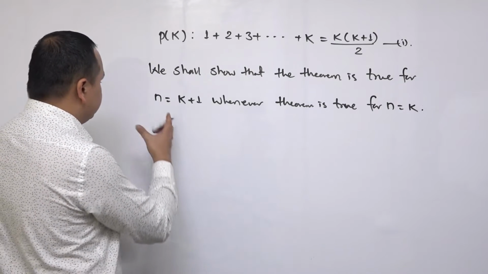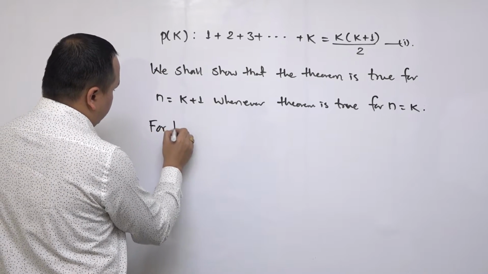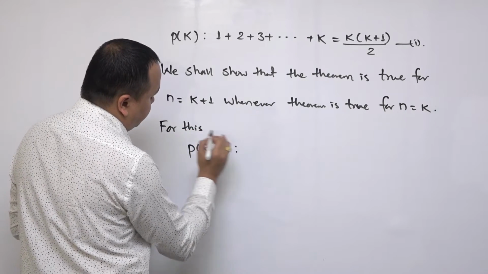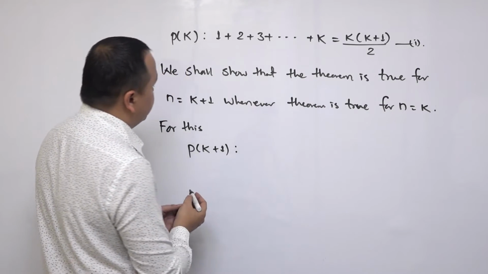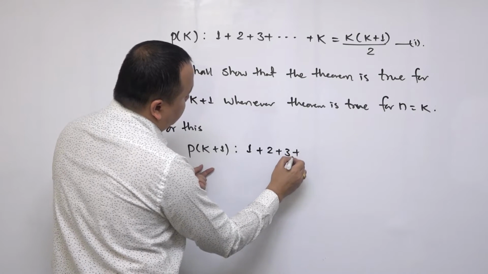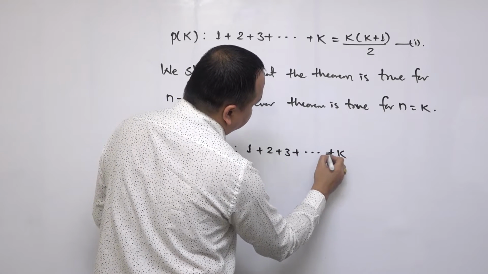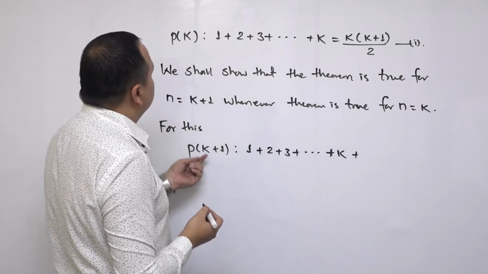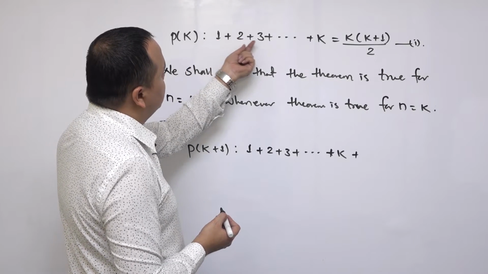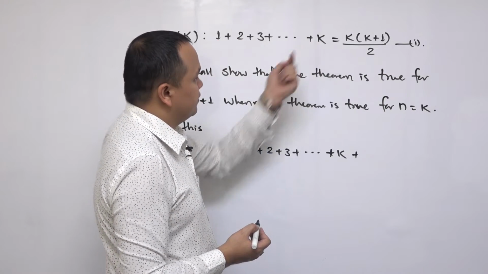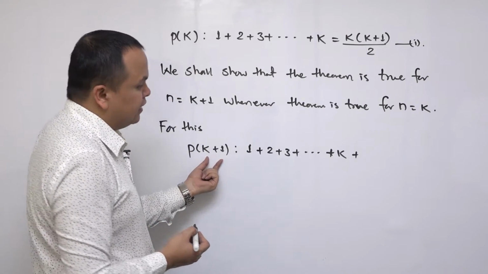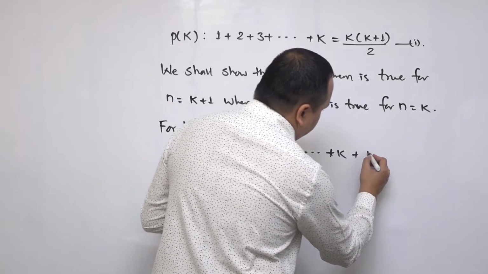For this, Pk plus 1: 1 plus 2 plus 3 plus up to k. In Pk, the last term k is replaced by k plus 1, so the next term will be k plus 1.